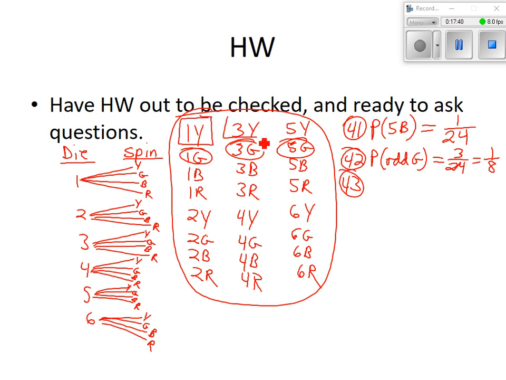So that one, that one, that one, that one, that one. How many of those are there? 5. So probability less than 6 and yellow, 5 out of 24. That won't reduce, but again you could change it to a decimal if you wanted.